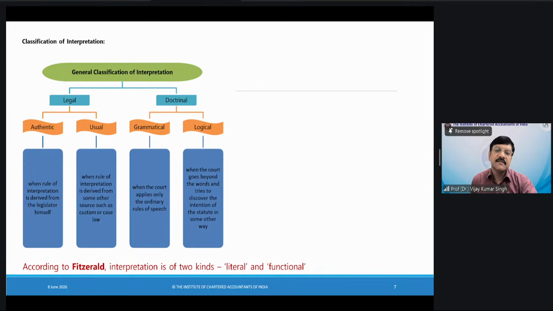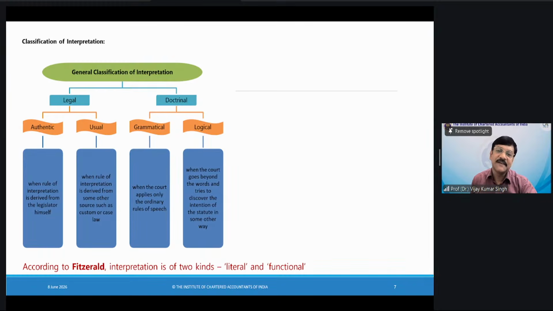However, there are certain logical requirements. The logical requirement is when the court goes beyond the words and tries to discover the intention of the statute, or tries to understand the meaning of the statute, why the statute has come up, what mischief it is going to cure. If the court is doing all these things, then it becomes a logical interpretation.